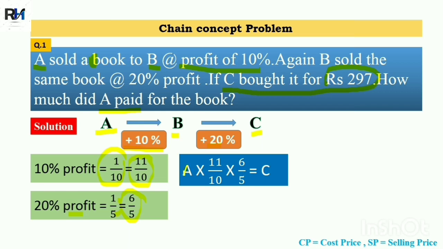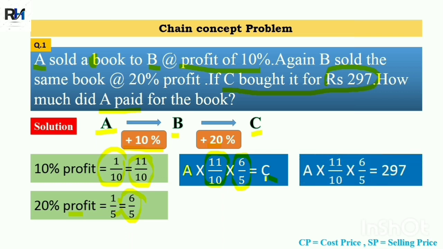It is A, the initial amount, multiplied by the fraction at which A sold it to B. After that B sold the same article to C at this much profit. After that C gets the article, and here in the problem the CP is given, it is rupees 297. So I have represented here the CP of C, that is 297.